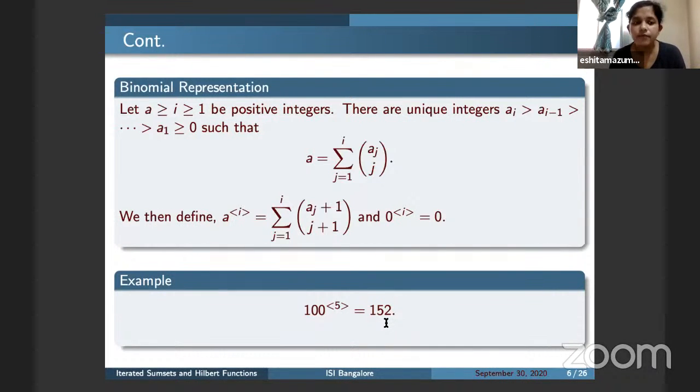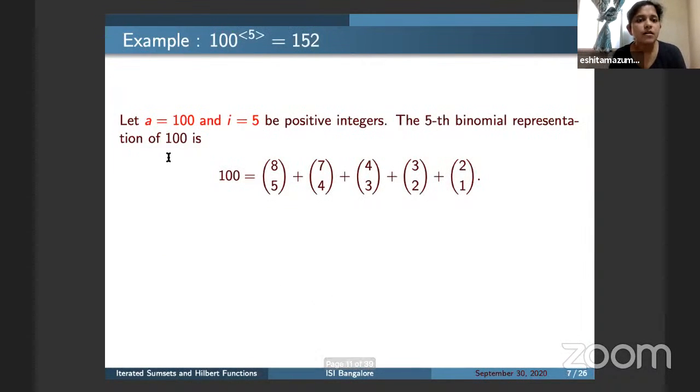Now the question is how we are arriving at this. For that, I'm taking a equal to 100 and i equal to 5. Now clearly I will have these 5 unique numbers, so that the fifth binomial representation of 100 is nothing but this thing.